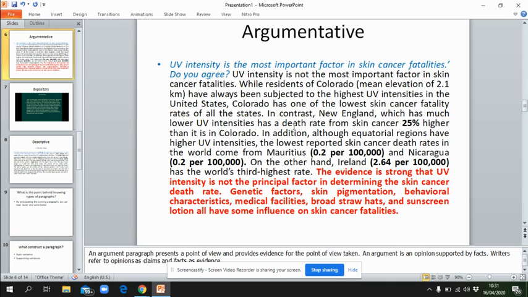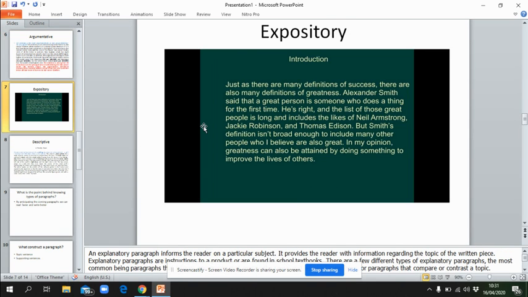Remember, you should be able to differentiate between argumentative and expository. In argumentative, the writer tries to persuade the reader, but in expository, there is no persuasion, only providing as much information as possible to the reader.